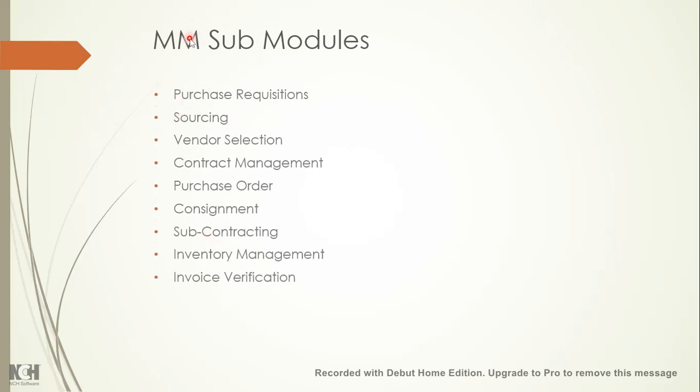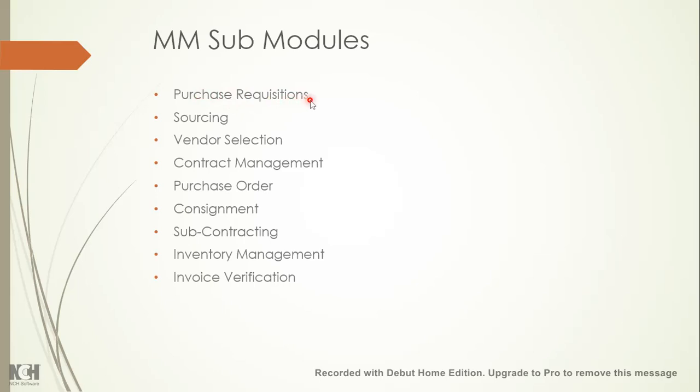In the case of the MM submodule, MM stands for materials management. As you can see, it starts with purchase requisition. You need to learn how many different types of purchase requisitions you can create, for direct material and indirect material. Within direct material, whether it is inventorized material or you want to charge to a cost center, those things you define when you define the document type within purchase requisitions.